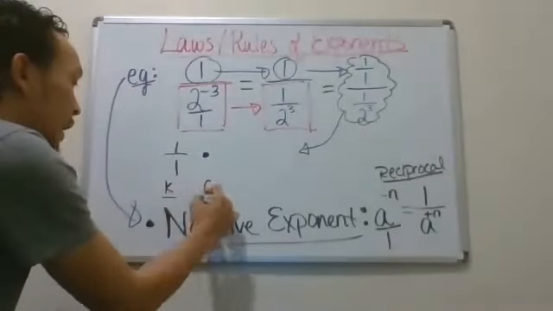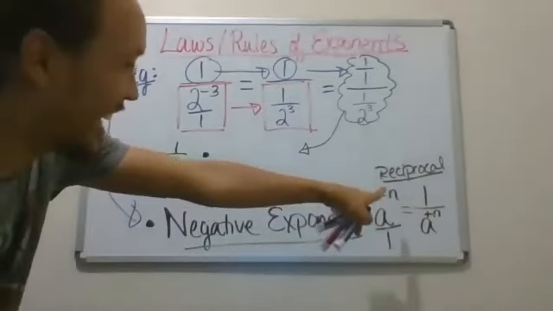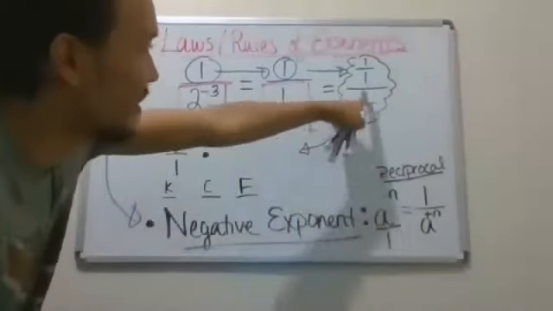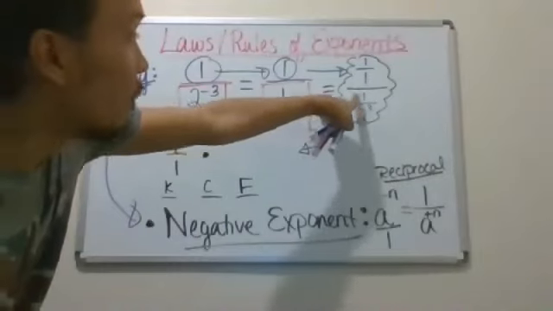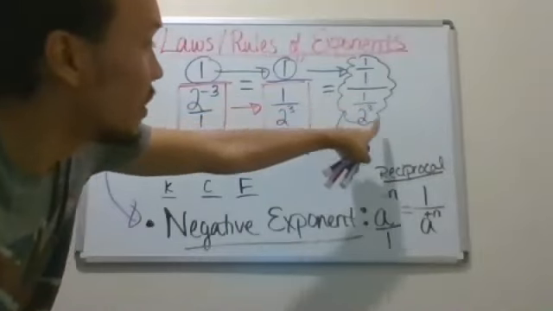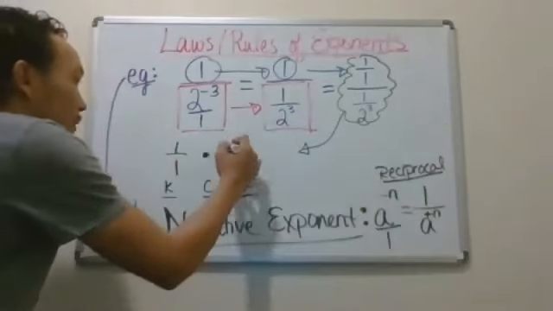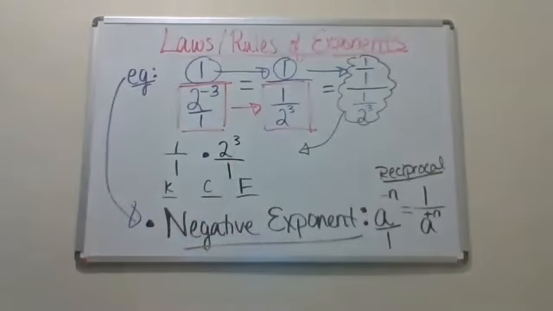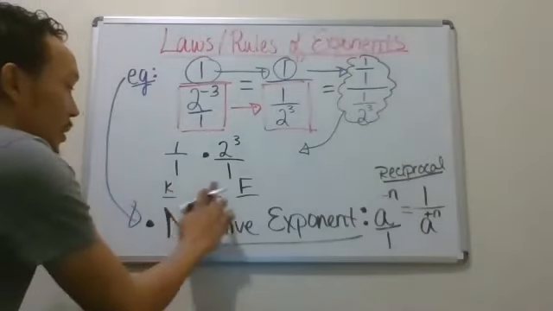So keep, change. And then we're going to flip, as Sean likes to say, flip the denominator's fraction. So that means my 1 over 2 to the third, we're going to take the reciprocal of it, and that's going to give me 2 to the third divided by 1. Keep, change, flip, or reciprocate.